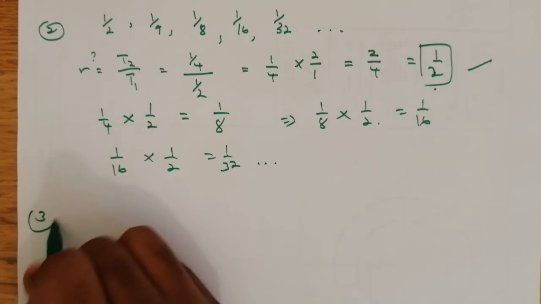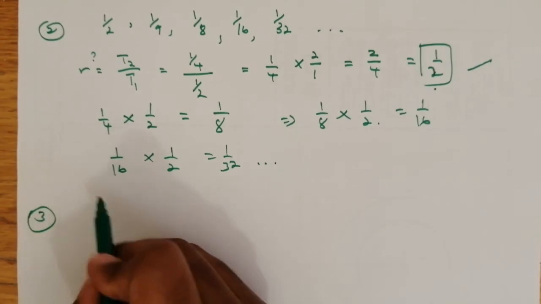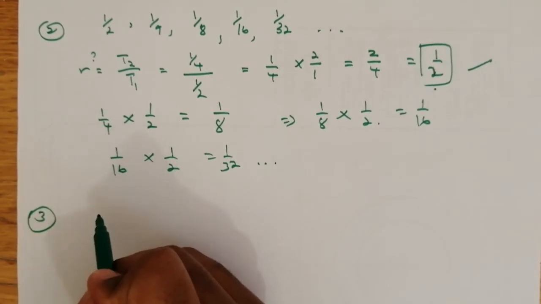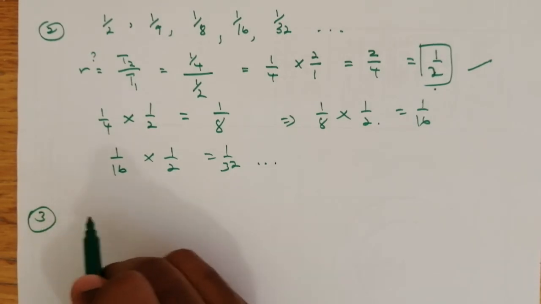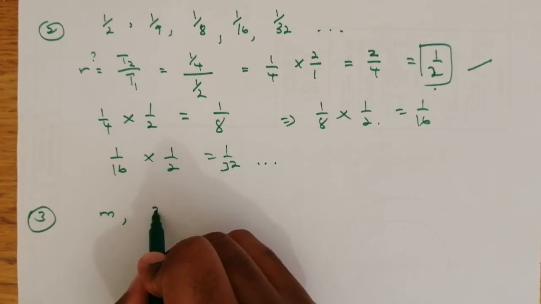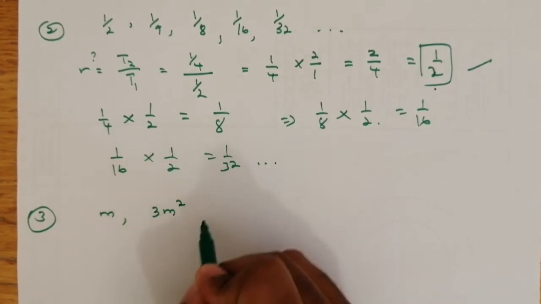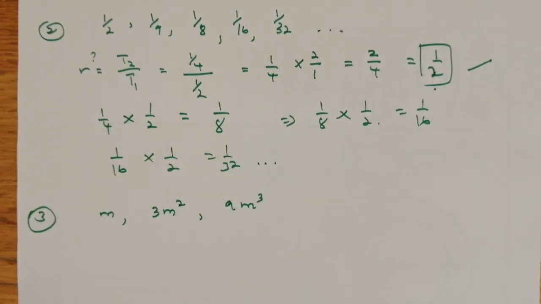Okay, so let's say now, instead of being given straight values, we are given variables. Let's say we are given something like m, 3m squared, 9m cubed, right? For example.